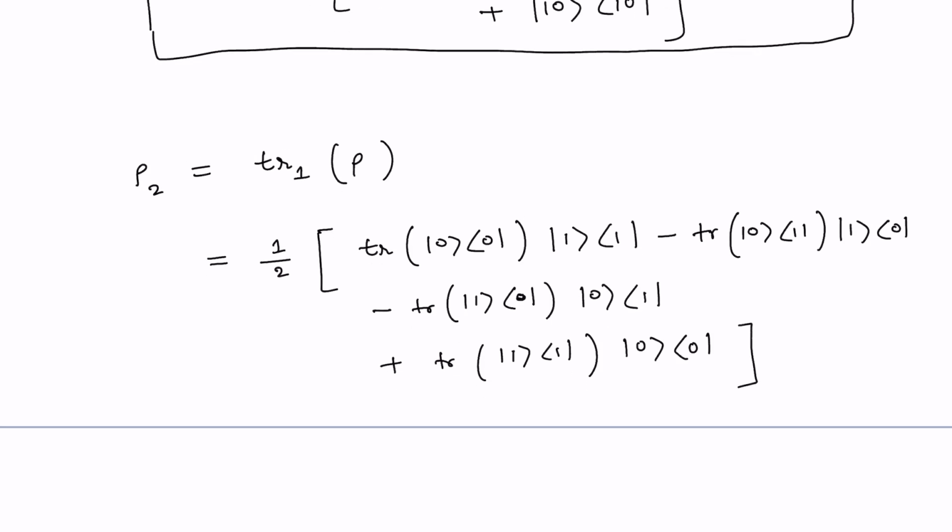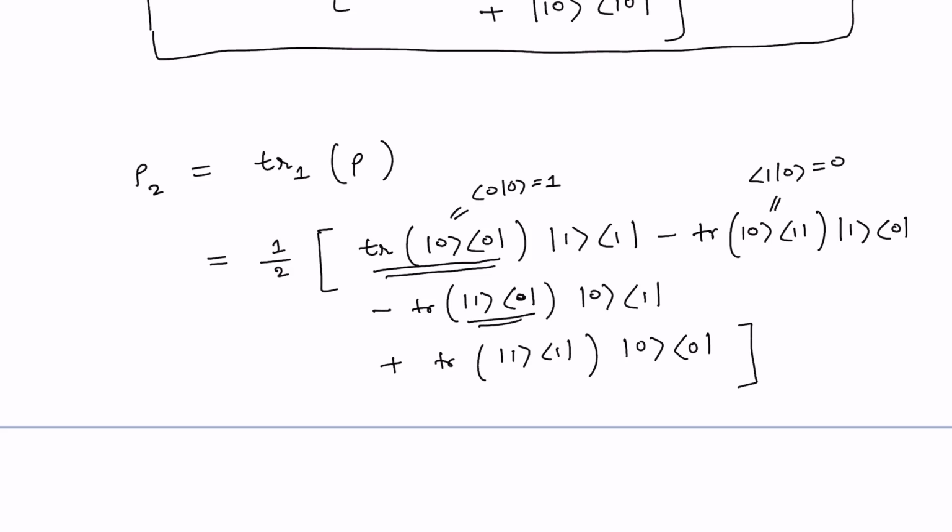So already we know that if I take the trace, this term is going to give me the scalar product <0|0>, which is simply equal to 1 because ket 0 is normalized to itself, and this one is going to give me the scalar product <1|0> because ket 0 and ket 1 are orthogonal. This is going to give me 0.